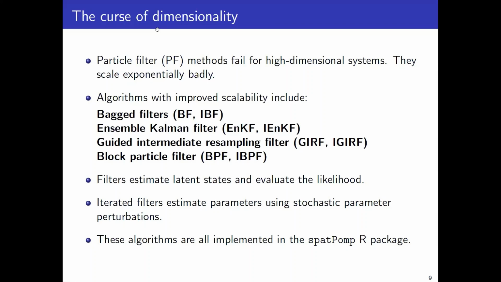It'll give you the likelihood, but although it doesn't struggle with nonlinearity, it does struggle with high dimension. And so practically, once you have more than 2 or 3 towns, you can't practically run a particle filter. So you need to do something scalable.